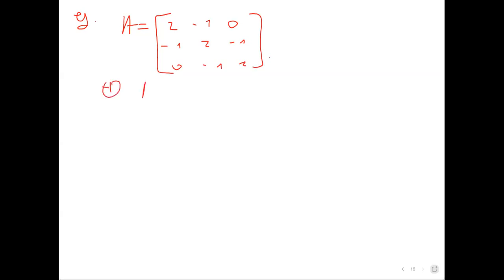So, an example: suppose you have a matrix A with rows 2, minus 1, 0; minus 1, 2, minus 1; 0, minus 1, 2. We know that A is symmetric.